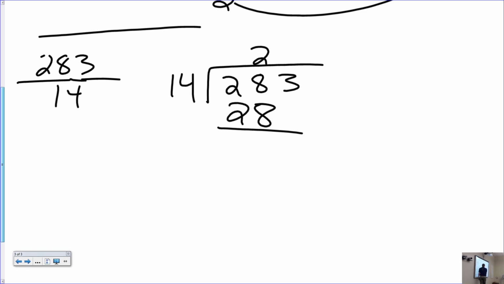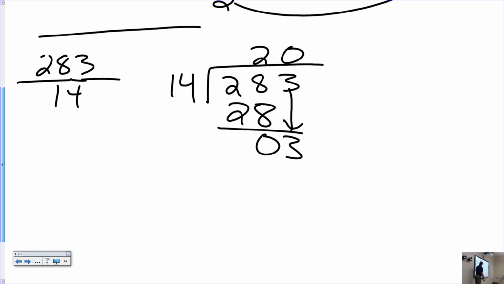What's 28 minus 28? You always get one number free coming down, 3. How many times does 14 go into 3, folks? 0. Note that you need the 0 in here. Don't lose the 0, right?